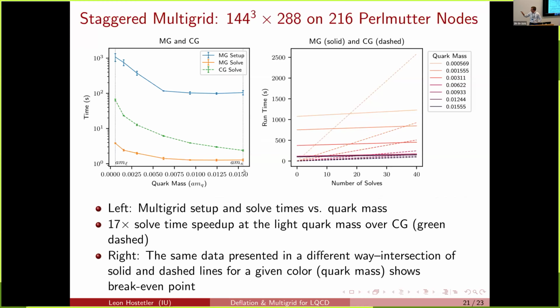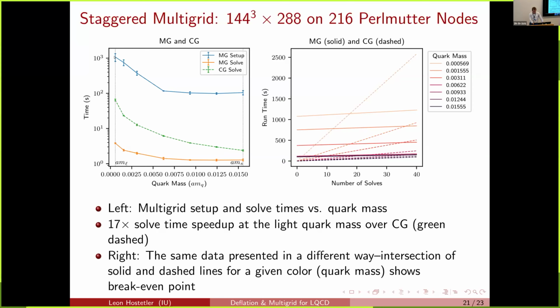The green curve gives the solve time for conjugate gradient, and the orange curve at the bottom gives solve time for multigrid. This is with CG and multigrid running on identical resources. And if we take the ratio at the light quark mass of the CG versus the multigrid, we now get a 17x speed up.